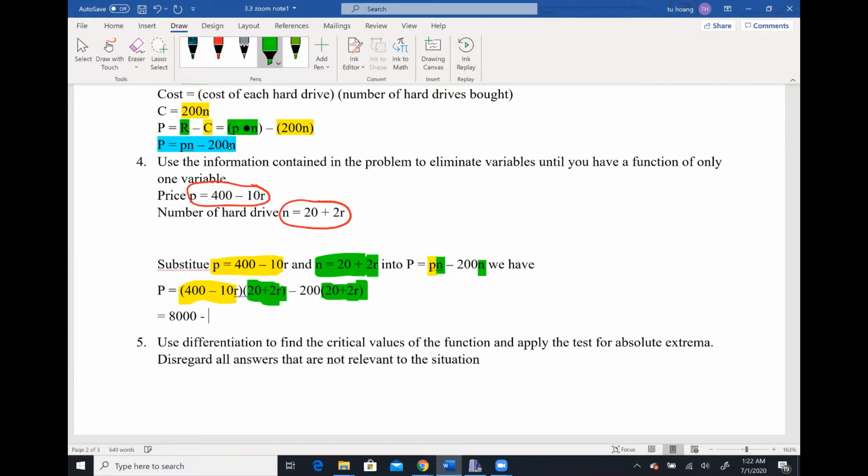And then plus for 800R, and then minus for 200R, and then minus for 10R squared. And then now minus for 4,000 plus with 400. No, not plus, minus. So don't forget the magnitude here.